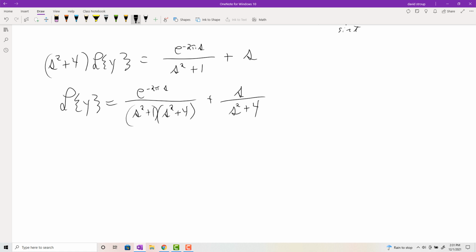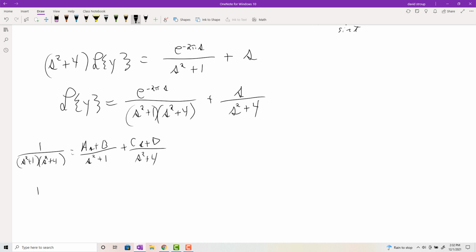So, 1 all over (s squared plus 1) times (s squared plus 4) is (as plus b) all over (s squared plus 1) plus (cs plus d) all over (s squared plus 4).